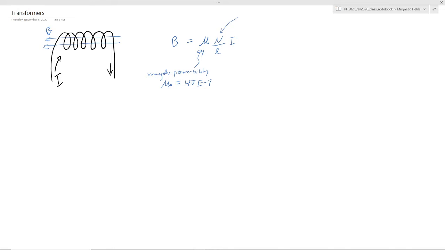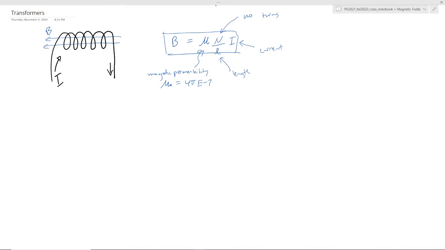This is the number of turns. This is the length. And this is the current. This is our expression for the magnetic field of a solenoid.